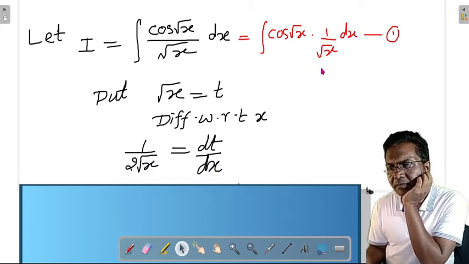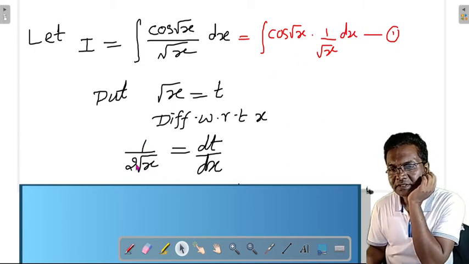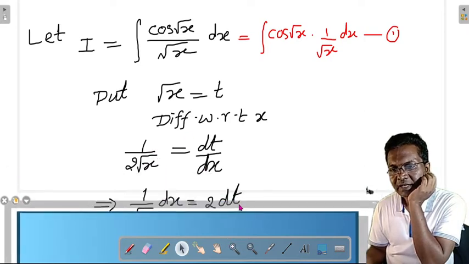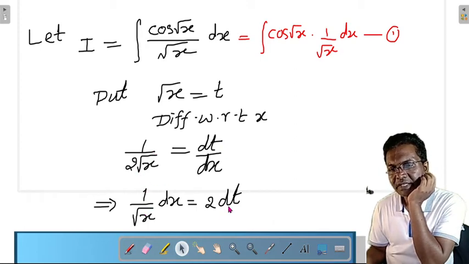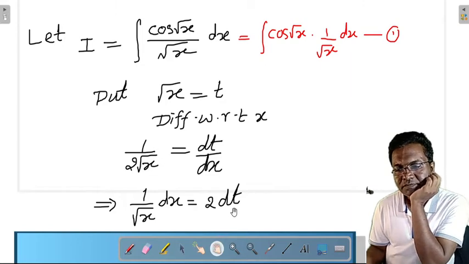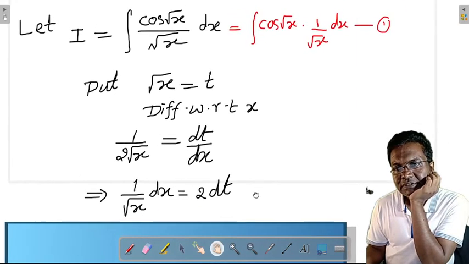Now we want 1 by root x dx here. So 1 by root x keep as it is, 2 transfer to this side and dx to this side. So what will you get? You will get 1 by root x into dx equal to 2 dt. Substitute here.